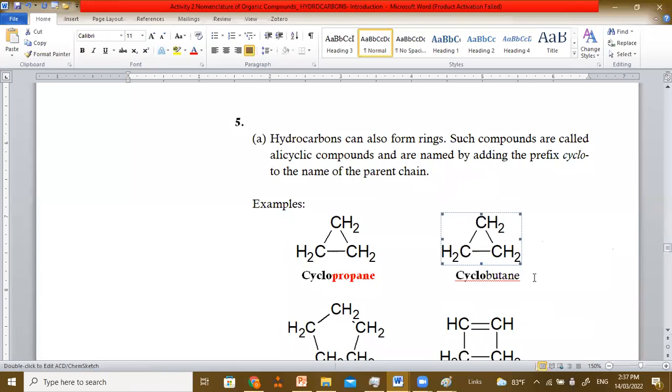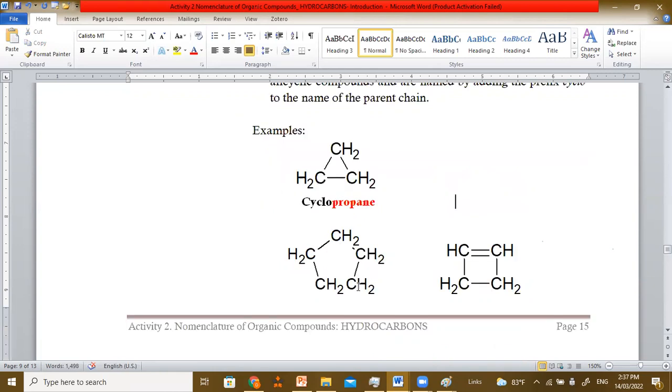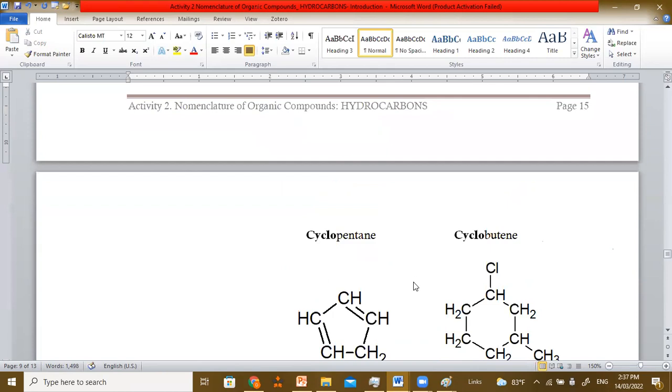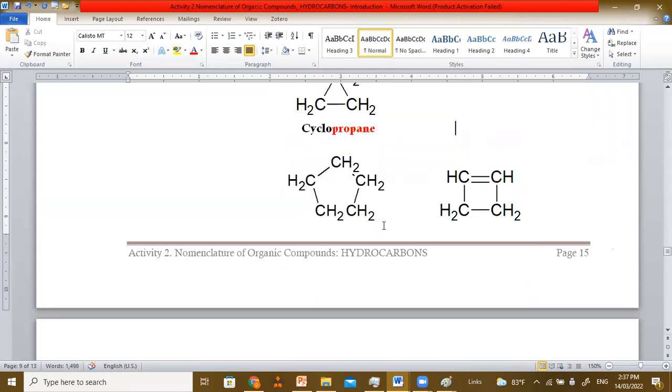Cyclobutane should have 4 carbons. This one is 1, 2, 3, 4, 5, which is named cyclohexane. Okay, there should be another bond here.